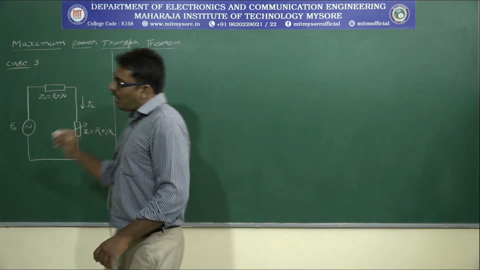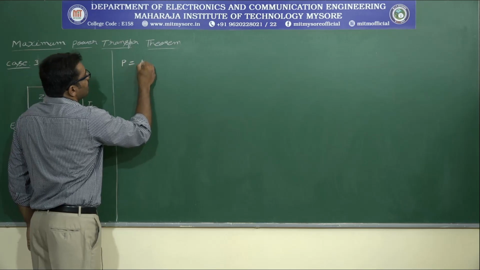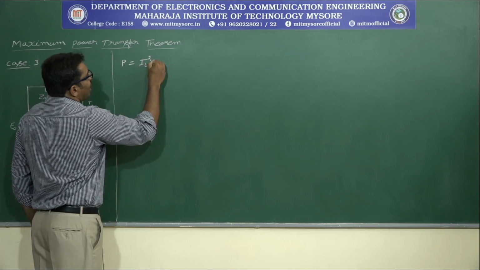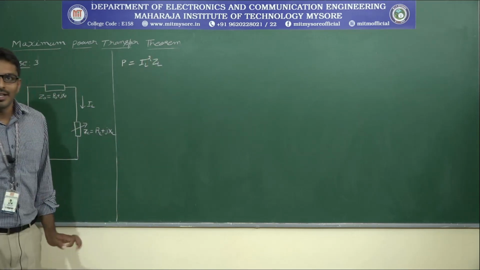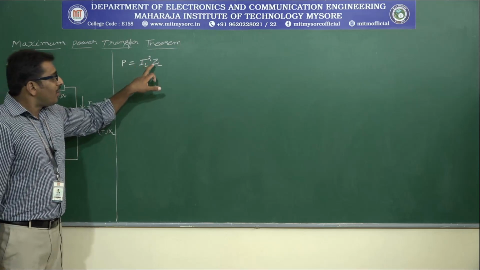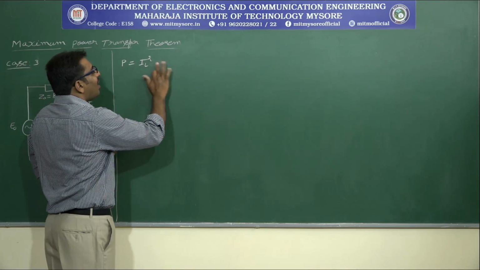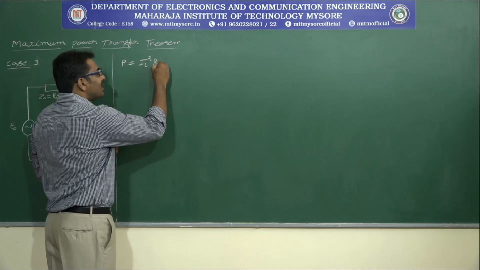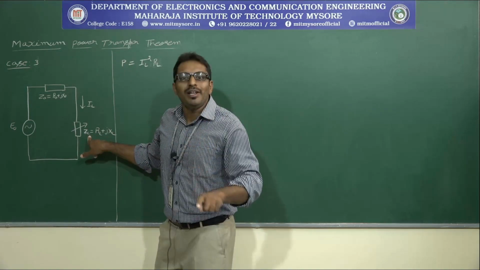Now, what is the formula to find out the power? P is equal to IL square into ZL. But I'm not writing ZL. I will write RL only, because anyhow the power is received by resistance only.